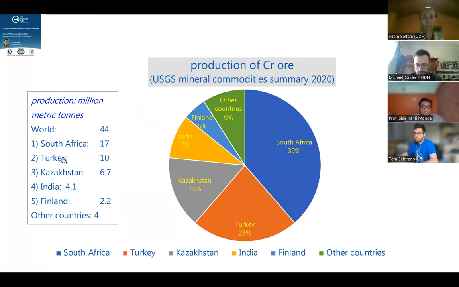And we have big deposits in Turkey, Kazakhstan, and Finland. So together, along with other countries, the world was producing 44 million metric tons of chromium resources. And you can see the contribution from Indian deposits. It is more or less 9 to 10% actually.